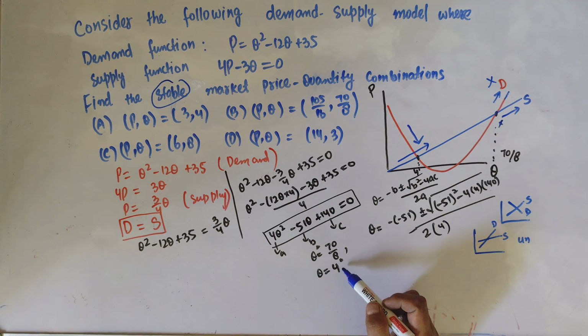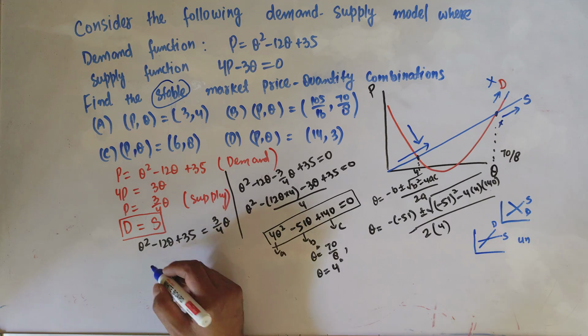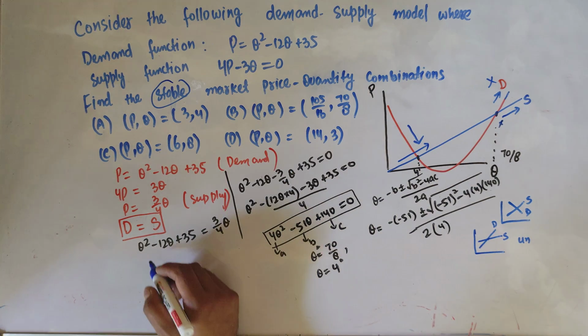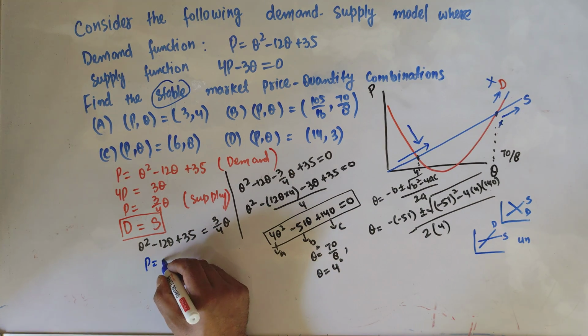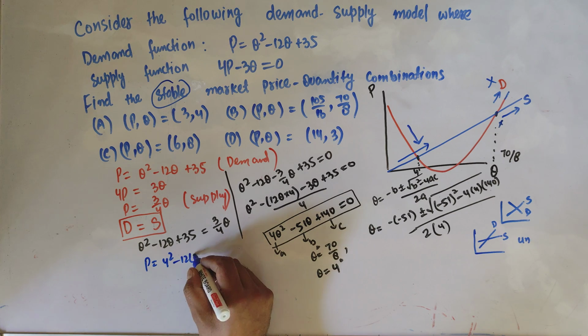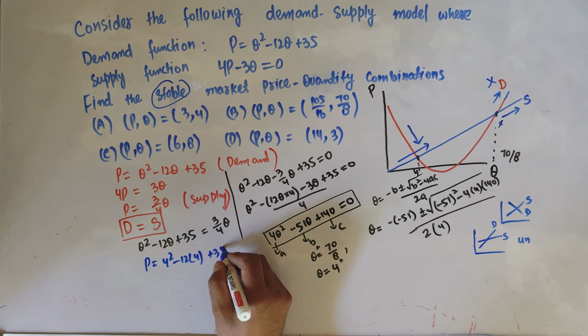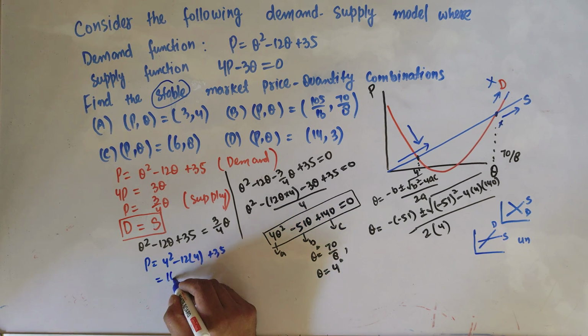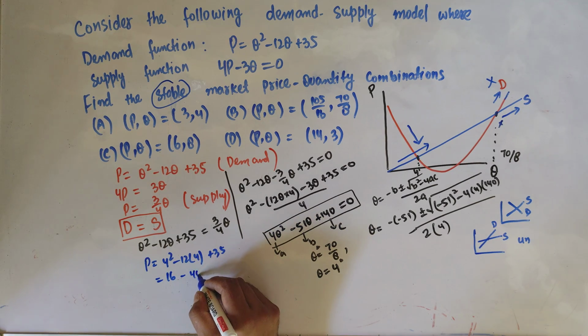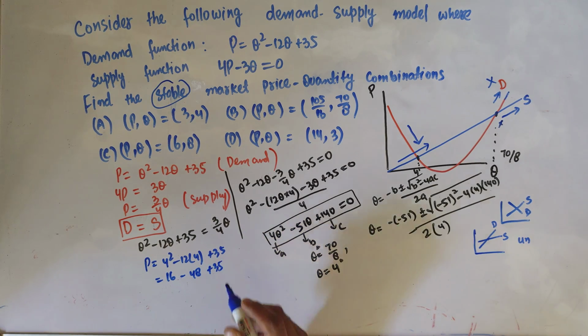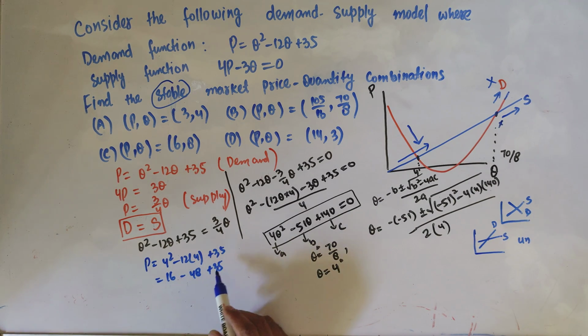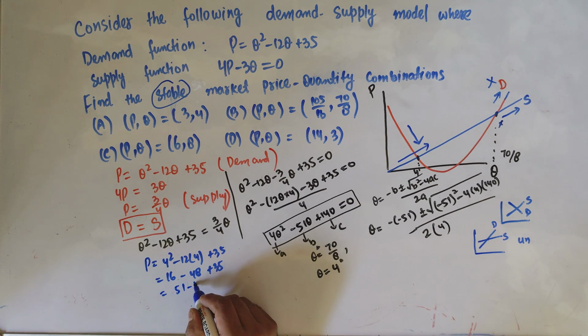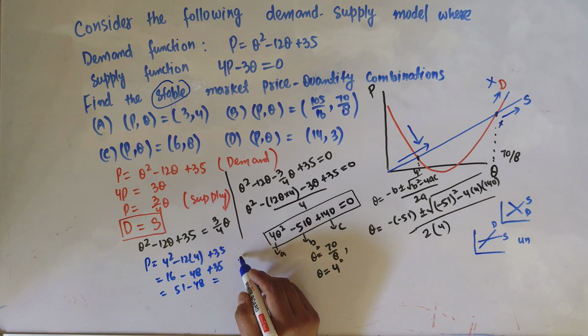The question tells us about the stable market equilibrium. So since we got Q equal to 4, to find the P, simply plug Q equal to 4 into the demand function. So P will be equal to 4 squared minus 12 into 4 plus 35, which is 16 minus 48 plus 35. Solving this further, we get 51 minus 48, which gives us 3.